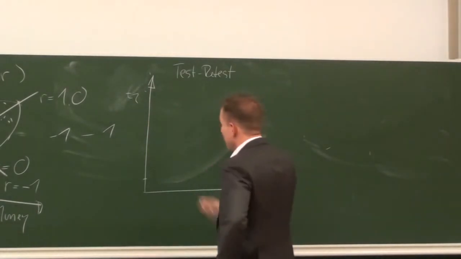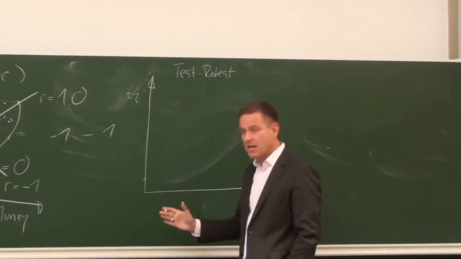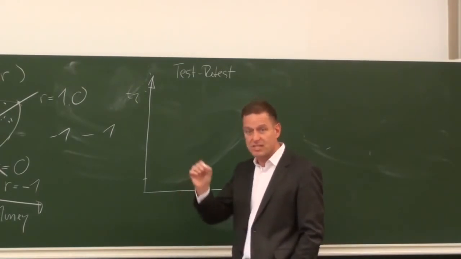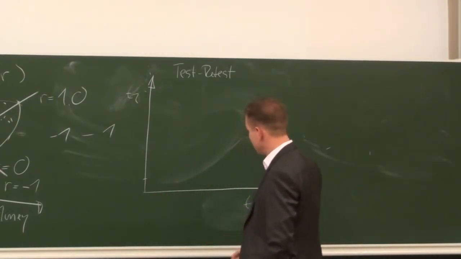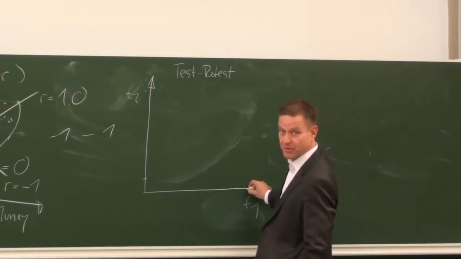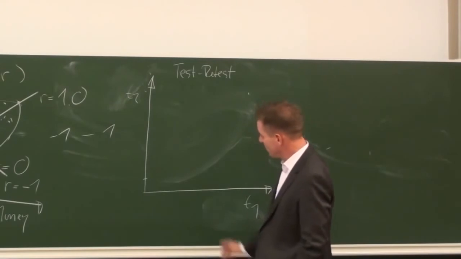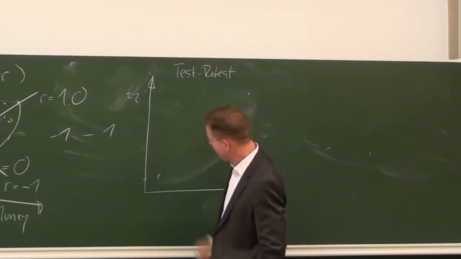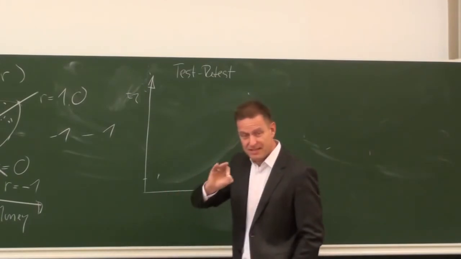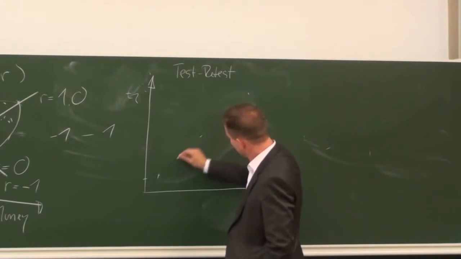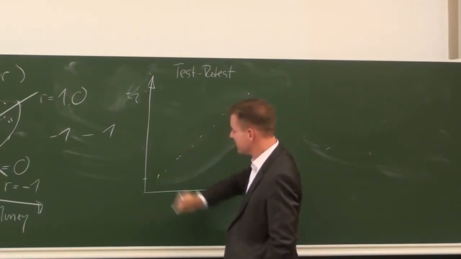If the test, whatever we measure, is reliable, we would expect that we get the same results when we test again. So there is one person which we measure the first time, and we measure the person the second time. And if the test is really perfectly reliable, the results will be the same.